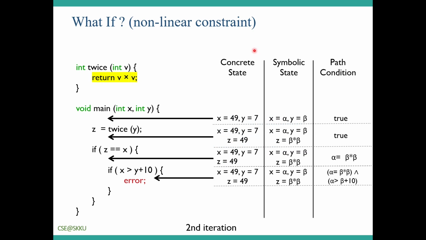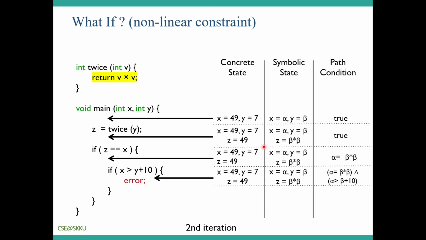Okay, so at the first line in concrete state, x equals 49 and y is 7. In symbolic state, x equals alpha and y equals beta. And path condition is true. And at the next line, z equals y times y. So in concrete state, z will be 49.